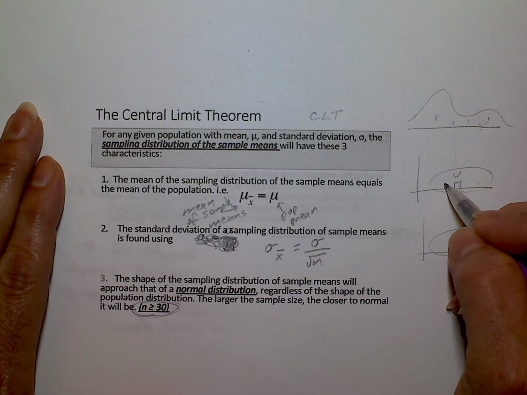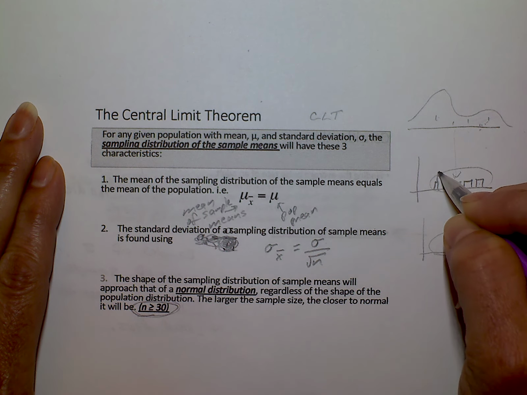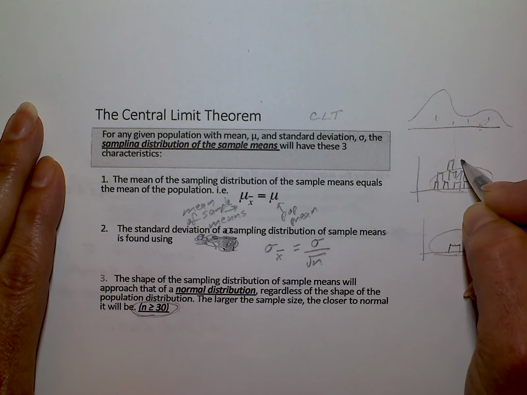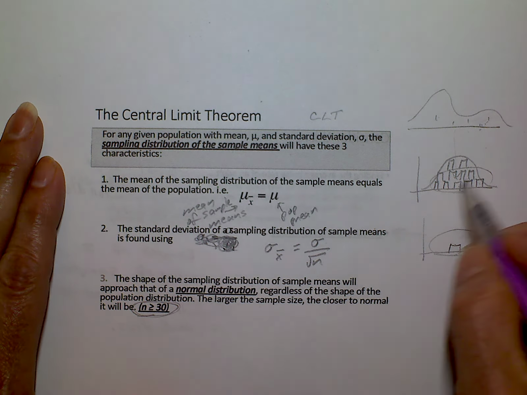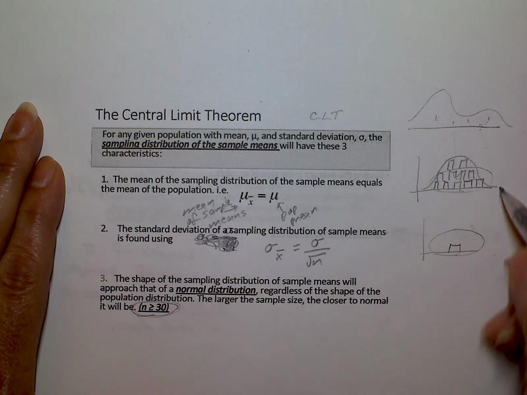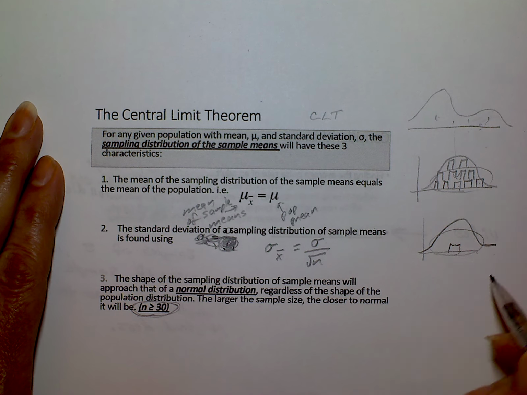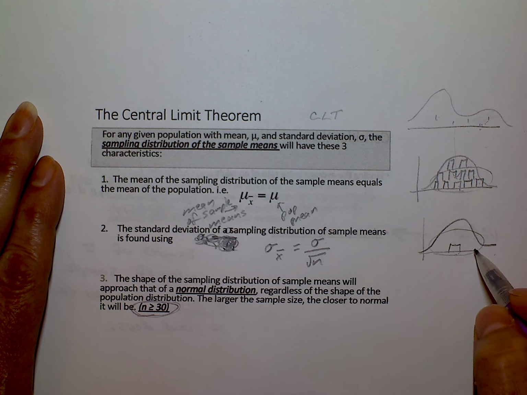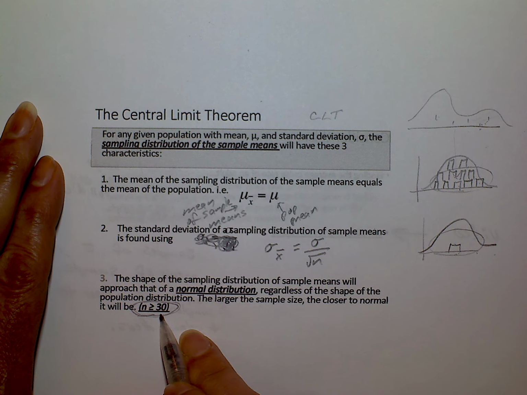We did a bunch of them, and we got all kinds of different means, and then it ended up looking normal. No matter what this started with, the mean of the sample means looked normal when we got done. And it behaves that way, especially when the sample size is 30 or more.